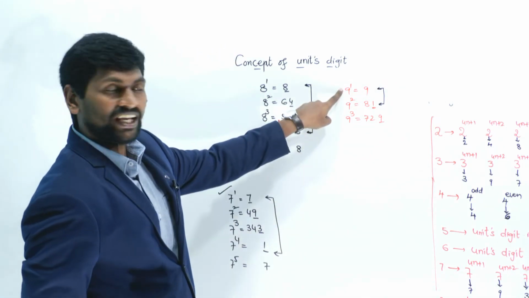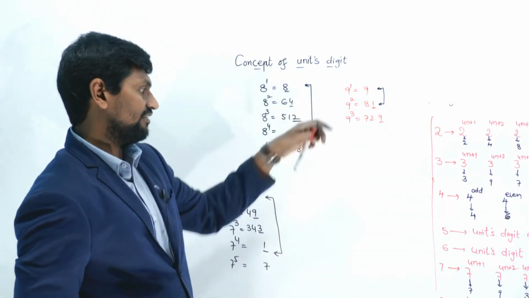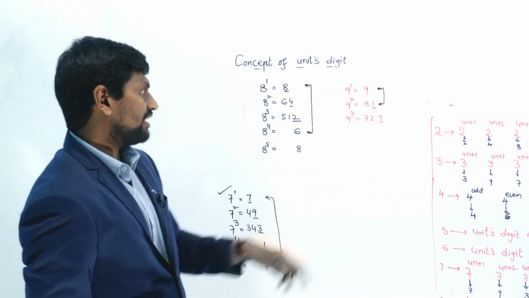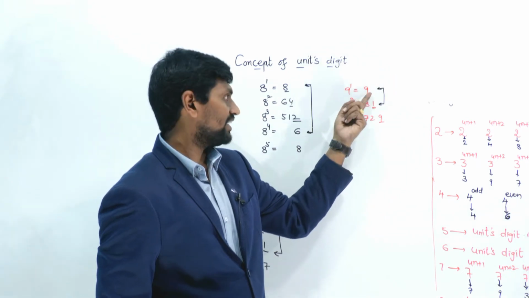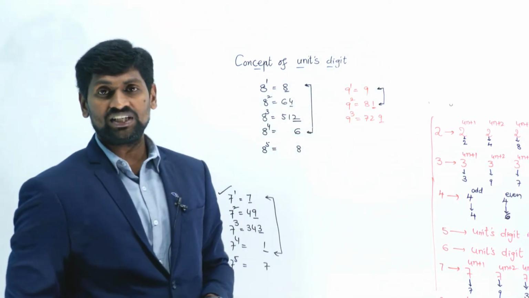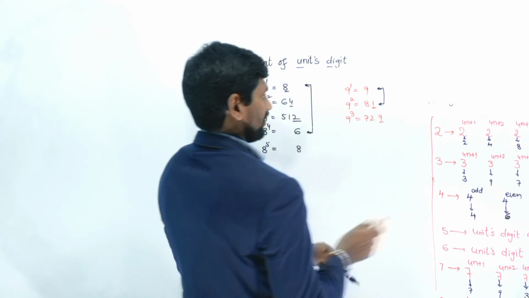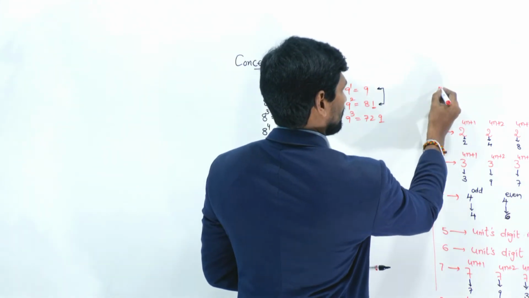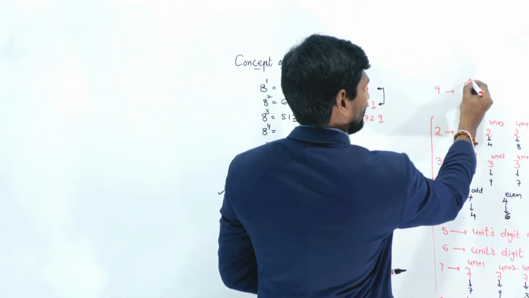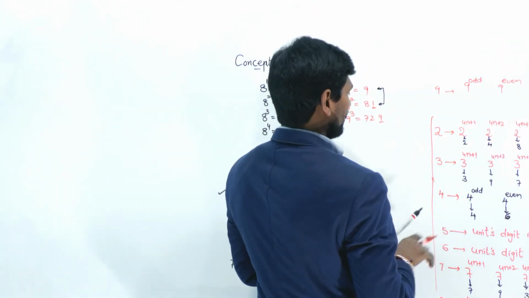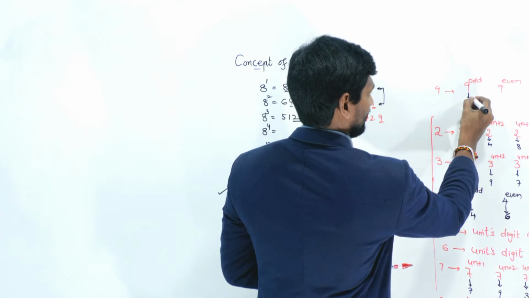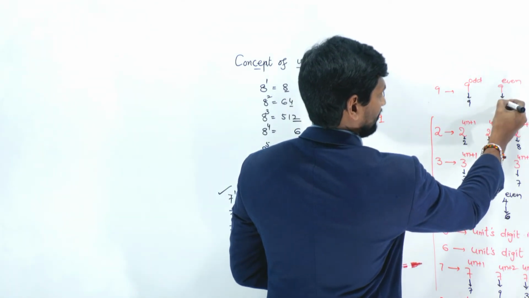So first one we can take as odd, second one as even. 9 power an odd number ends with the digit 9. 9 power an even number ends with the digit 1. The concept of 9 here: 9 power odd ends with the digit 9, and 9 power even always ends with the digit 1.